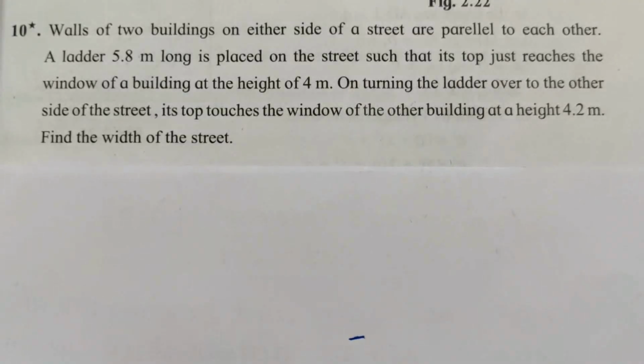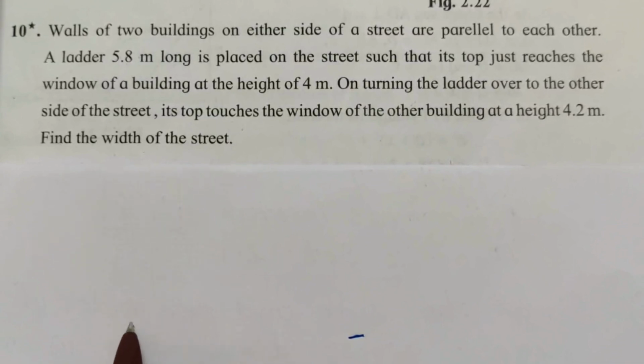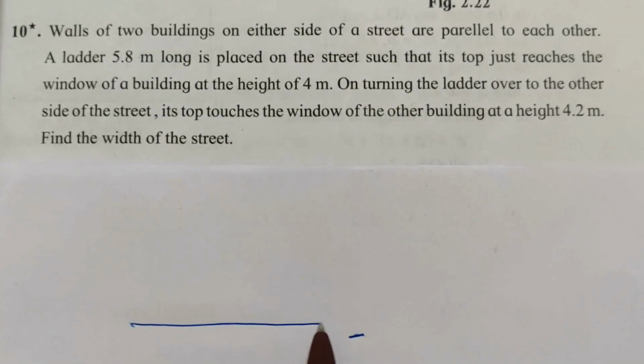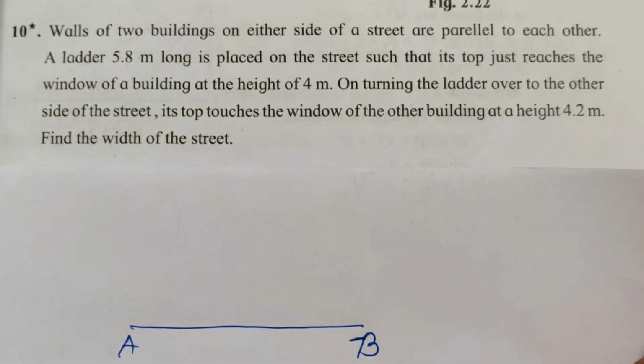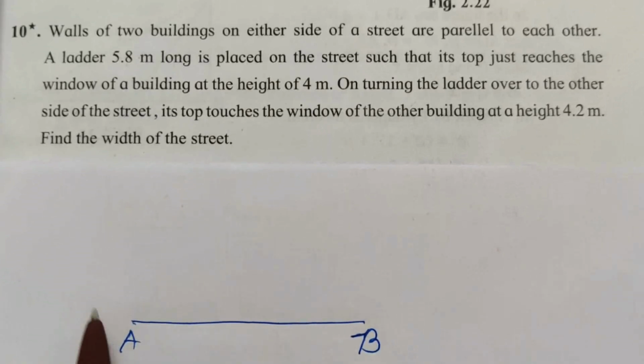So here suppose I will draw the street. Suppose this is, we'll give the name, suppose AB is the street. Then walls are on either side, so left side and right side.